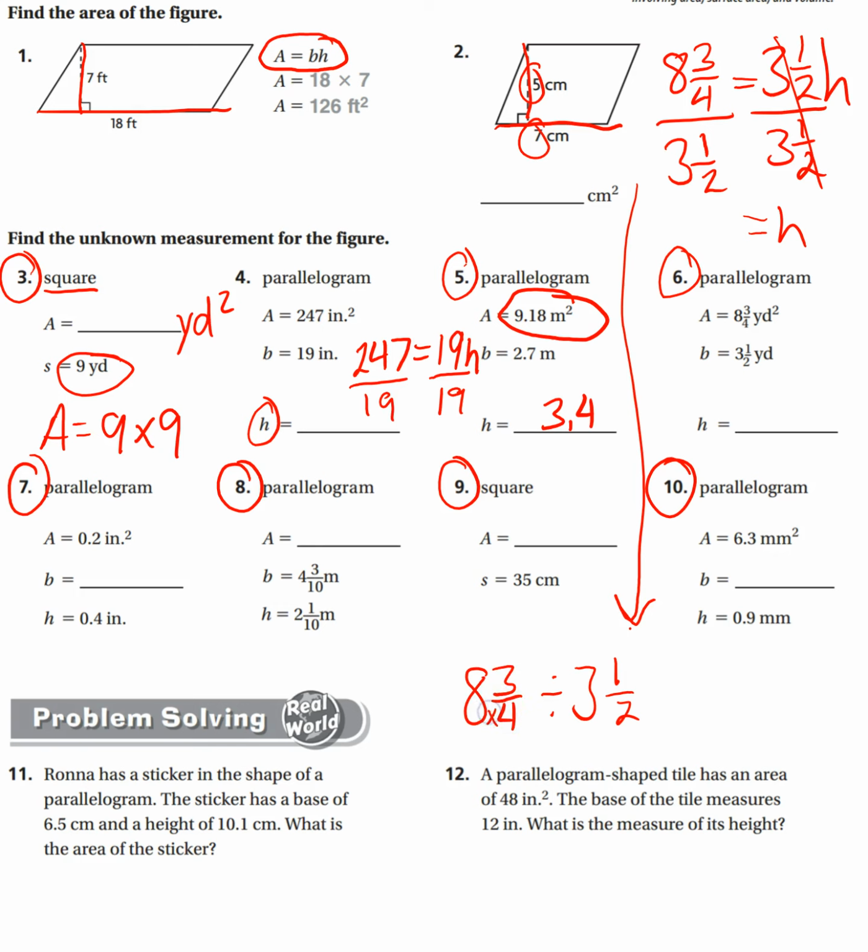So 8 times 4, excuse me, is 32, plus 3 is 35/4. And then over here, 3 times 2 is 6, plus the 1 is 7/2.